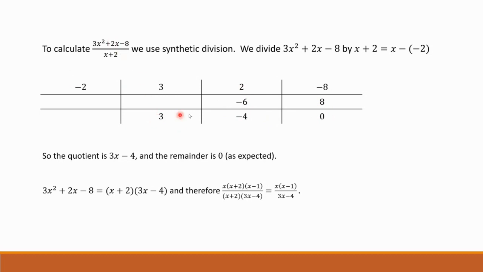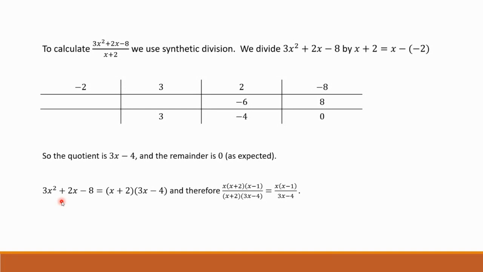So we get 3x minus 4 as our quotient, and the remainder is 0. So this is telling us that this here is equal to 3x minus 4, or equivalently this, as you can see.